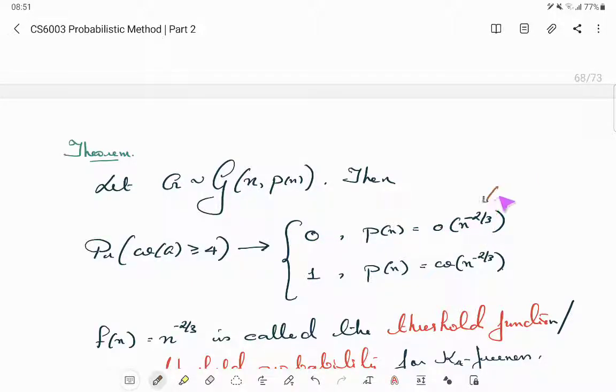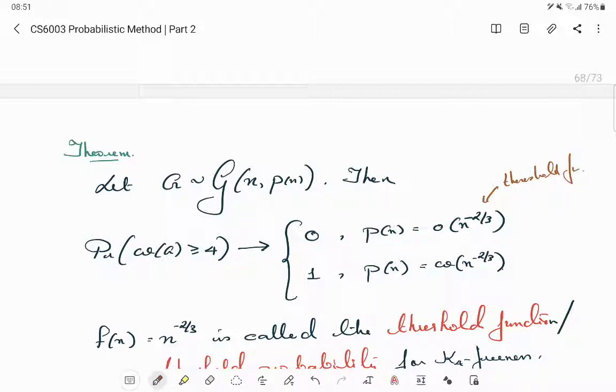This is usually called a threshold function when you get such a phenomenon, and it is 1 if Pn is omega of this threshold function. Okay, so you see that there is an abrupt jump, from almost surely being K4 free, it has suddenly jumped to almost surely containing a K4.